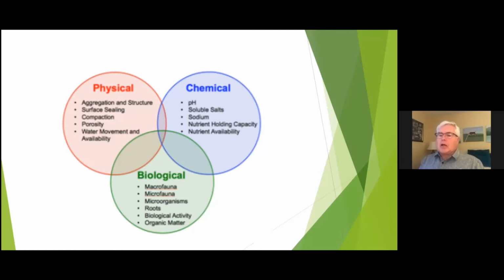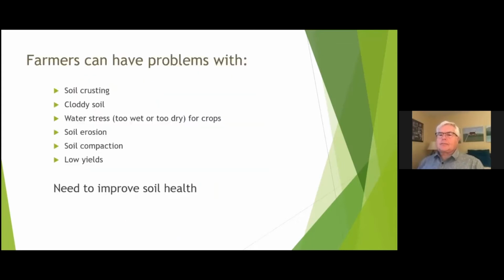All of that is part of the organic matter that is in the soil, and all of that works together. All three of these circles work together, and organic matter is a key part of them all, because the more organic matter you have, the more nutrient holding capacity, the less compaction, the more porosity, and the better soil aggregation. It all works together.